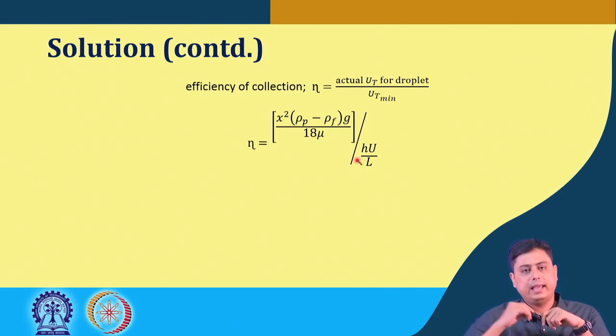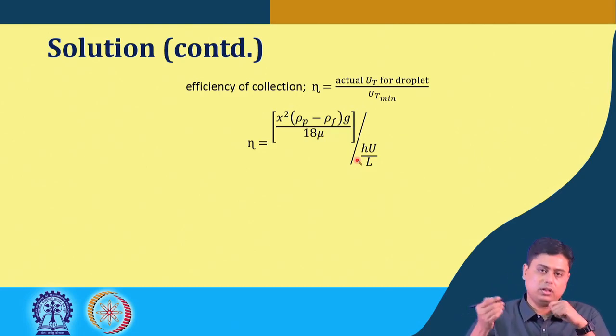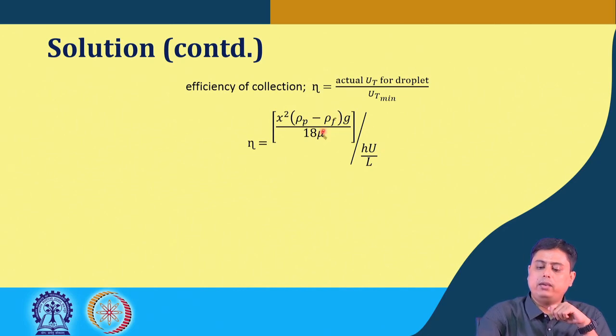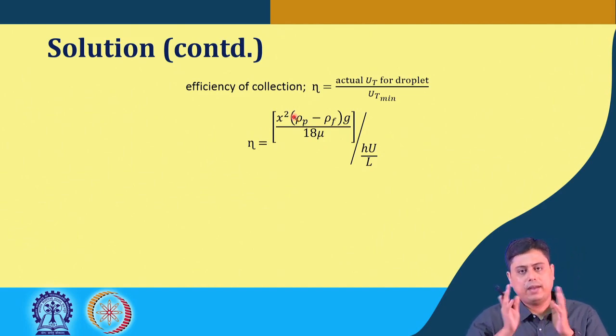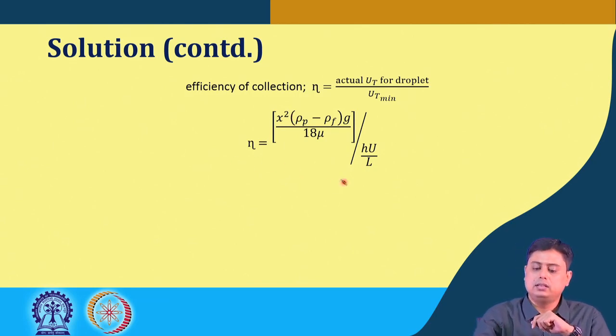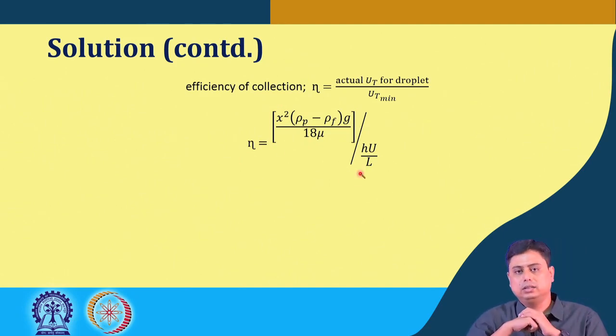So, H and L correspond to the separator geometry, U is the fluid velocity, rho f and mu are the liquid properties, and rho p and x are the solid property, or here particularly the droplet property, because we have assumed these droplets act as rigid spheres. So, the collection efficiency is now explained in terms of all the required properties that were asked in the question paper.